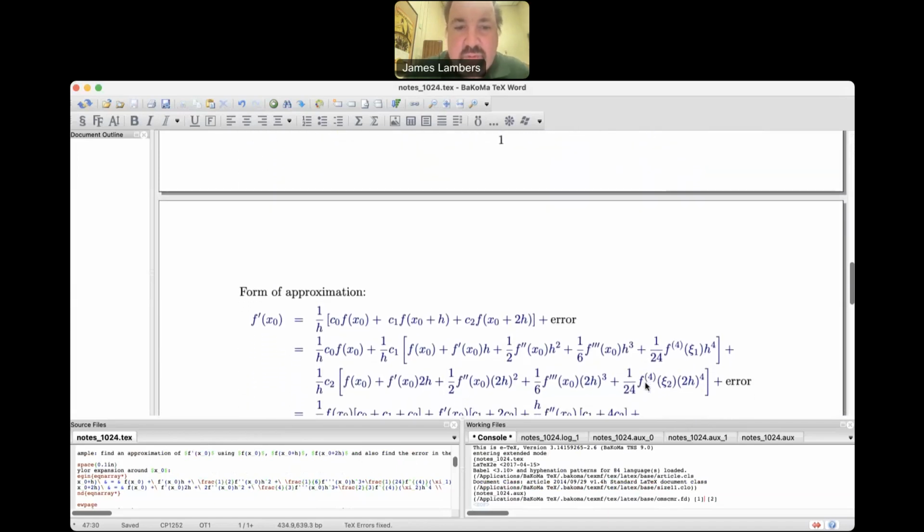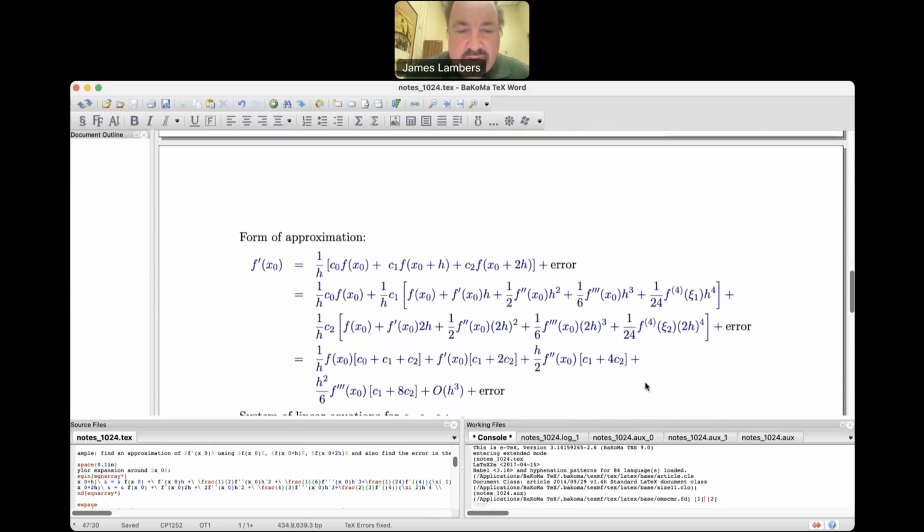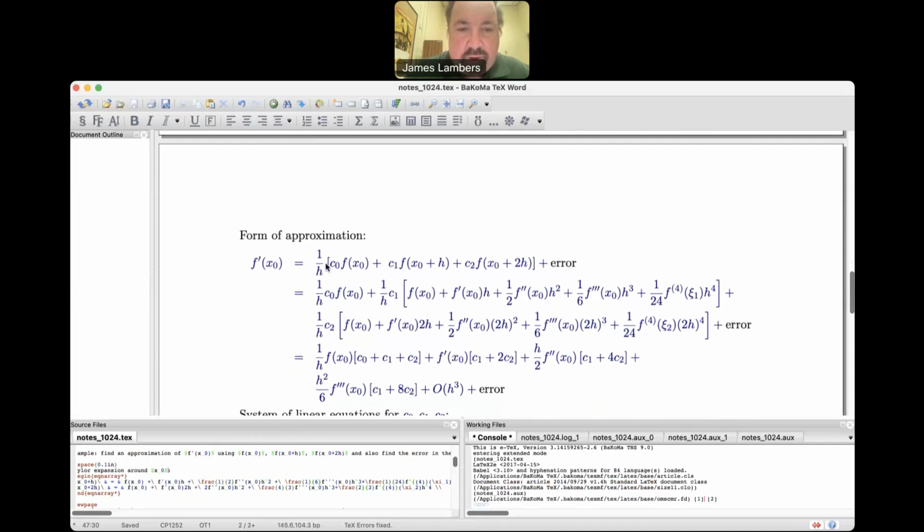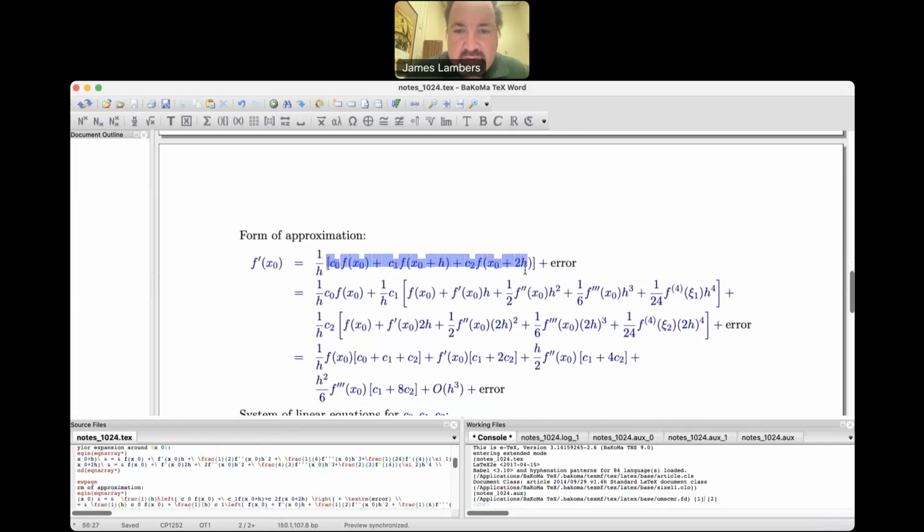So once I have those Taylor expansions, the form of my approximation is going to be this. So the exact derivative, f prime of x naught, is equal to 1 over h times this expression, which is a linear combination of the values of f at the three specified points with unknown coefficients c0, c1, c2.